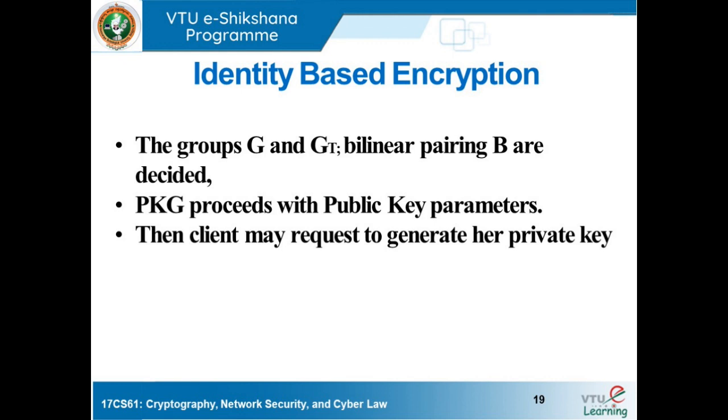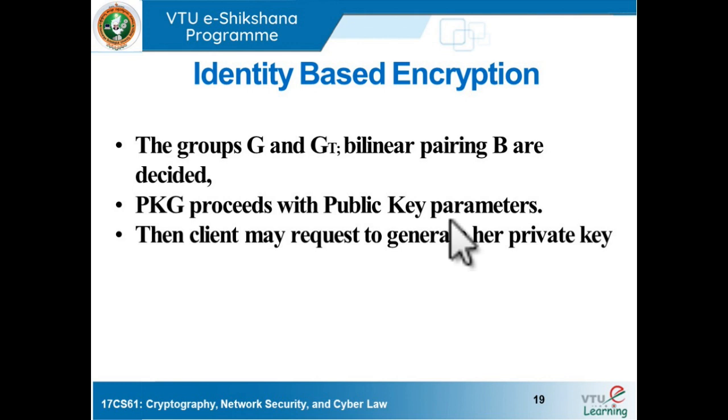Now over here, once the groups G and GT along with the bilinear pairing B are decided, all these three parameters are decided, and also PKG will proceed with setting up its own public key parameters.